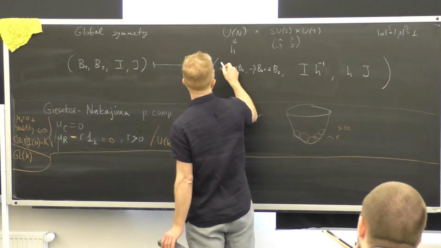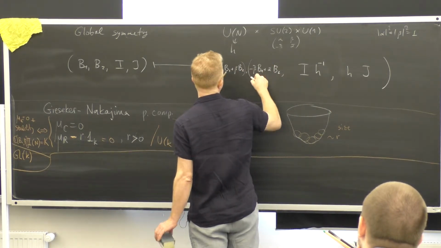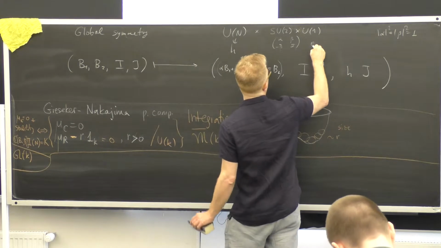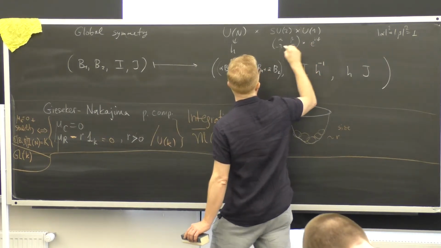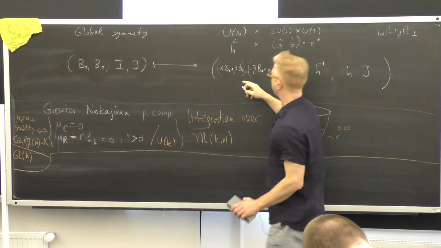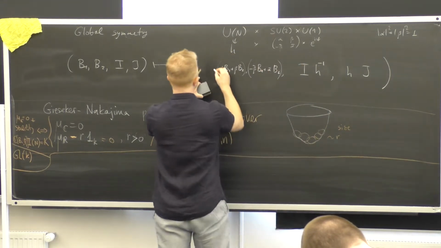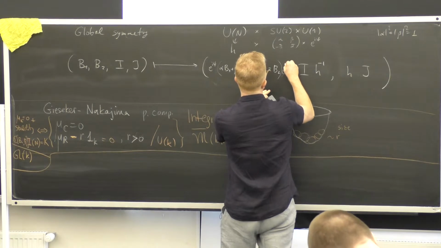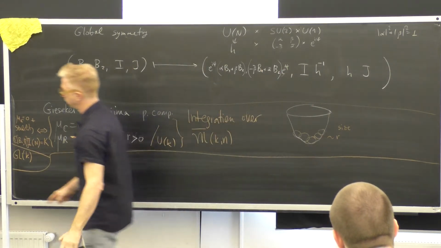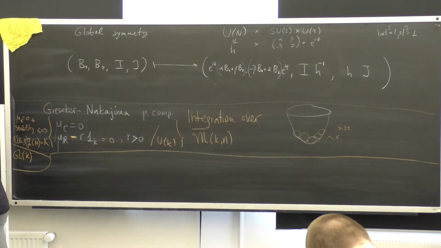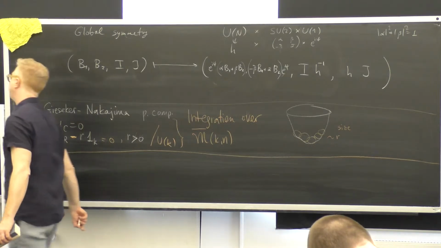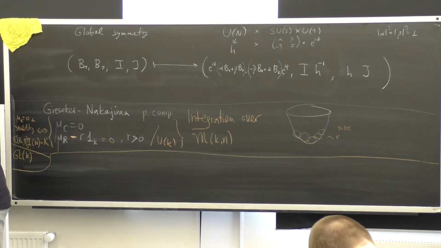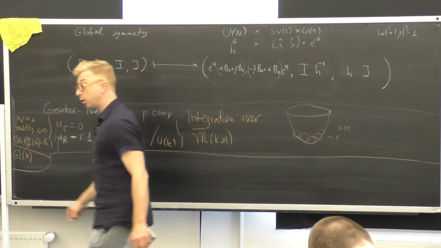In addition, you can also multiply both matrices B1 and B2 by the same phase. So the phase will disappear from the second equation because you have B times B dagger. Now in the first equation, the commutator will be multiplied by the square of that phase.